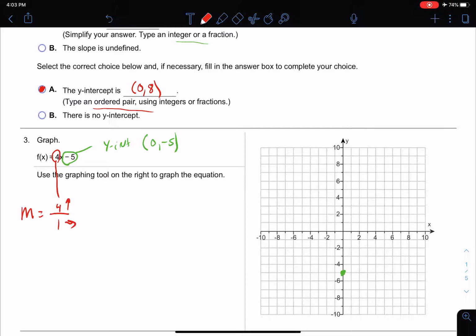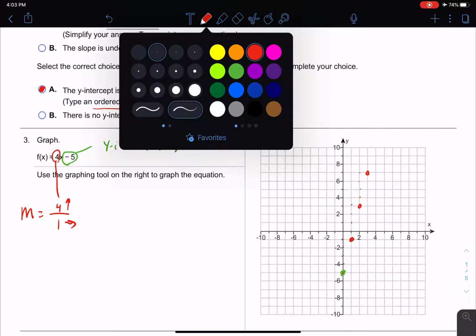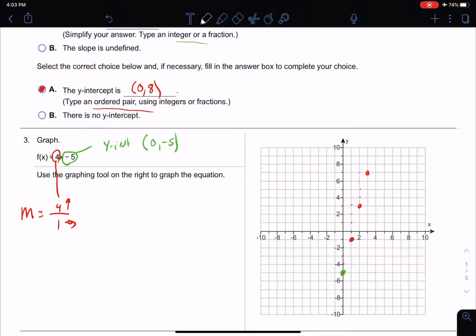So from that starting point, go up 1, 2, 3, 4, right 1. And those are, you only need really 2 points, but there are plenty of points there to make our line.